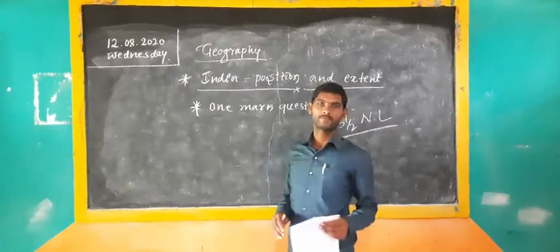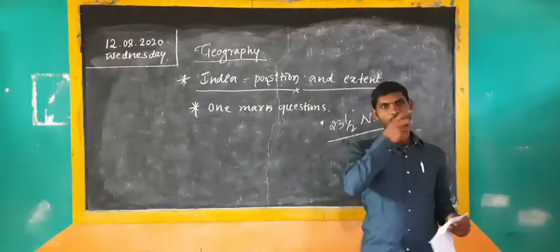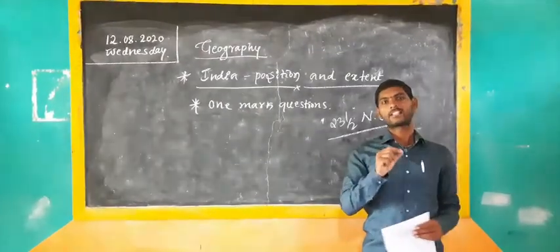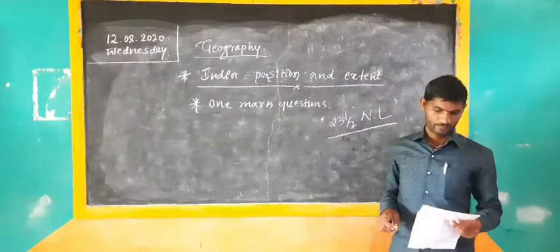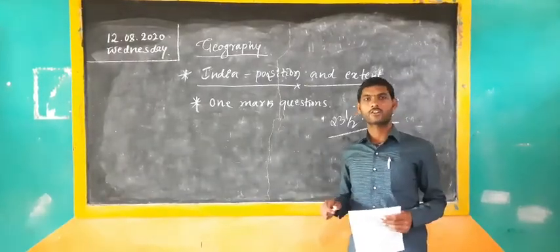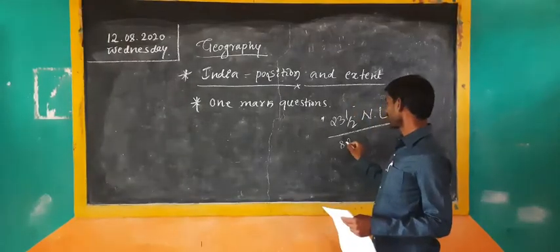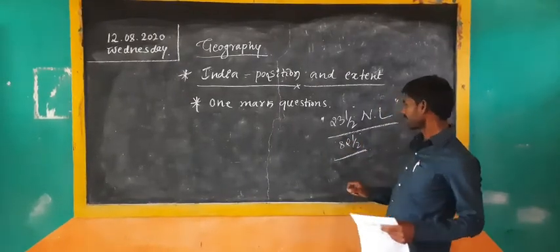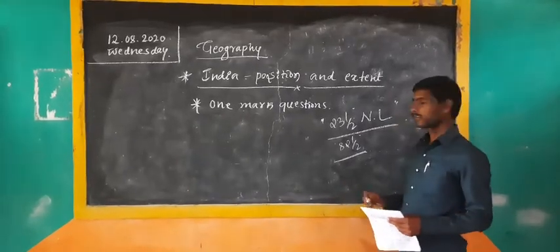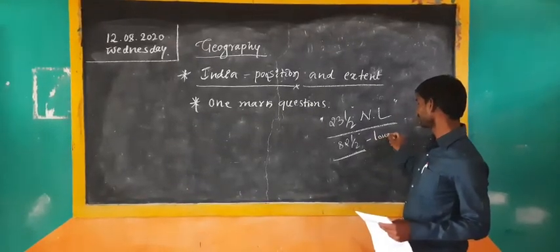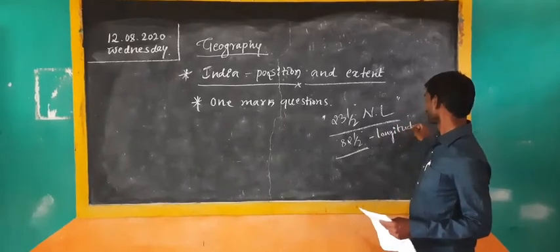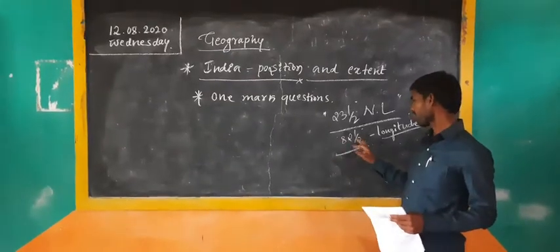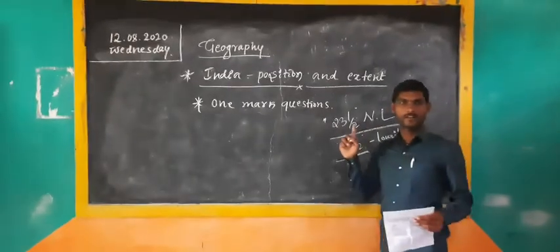Question number 5. Write the geographical name of 82.5 degree longitude line.